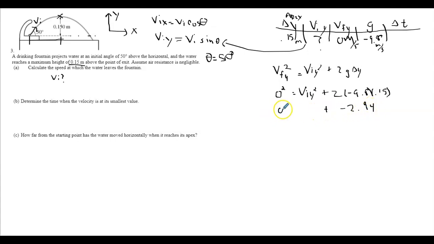And 0 squared is 0, and we got VIY squared. So now let's just solve for VIY. So I'm going to take the 2.94 to this side, it becomes positive. So 2.94 equals VIY squared.